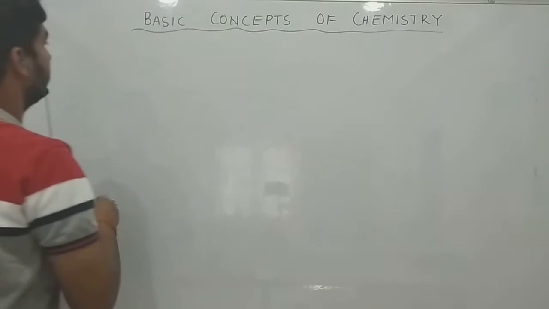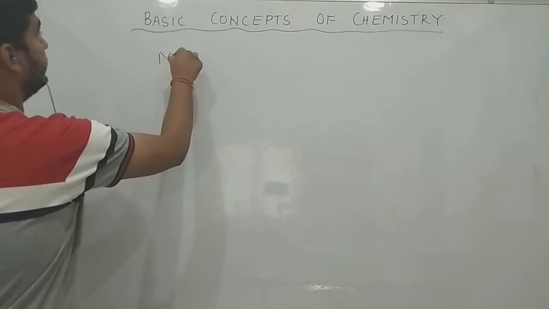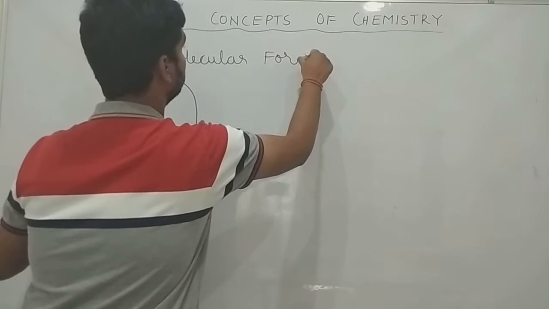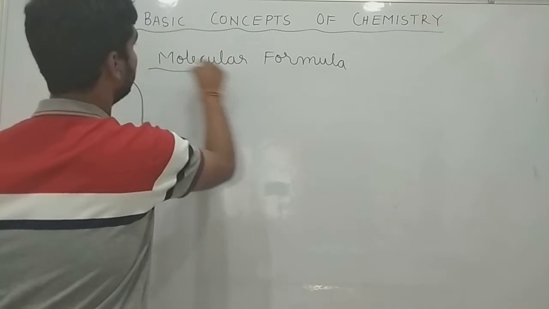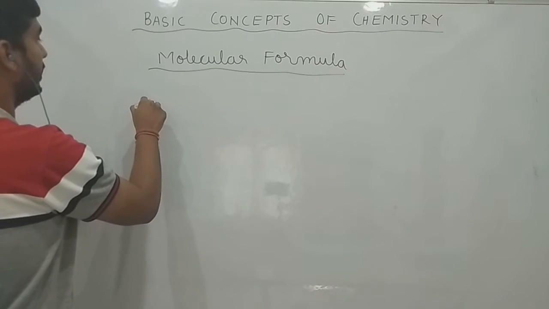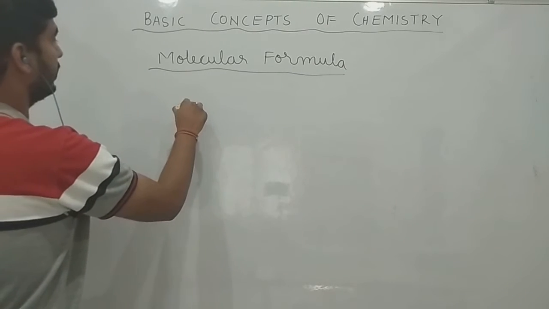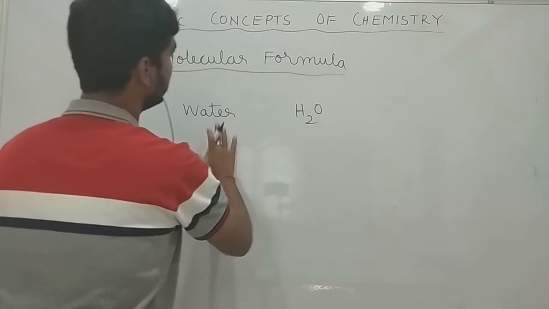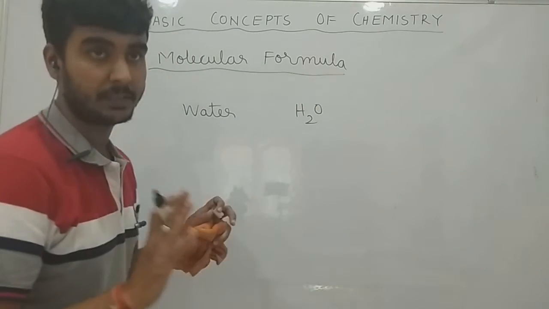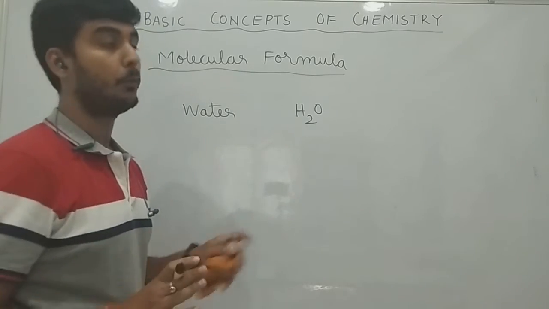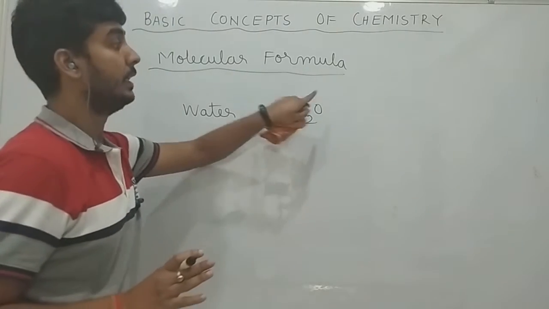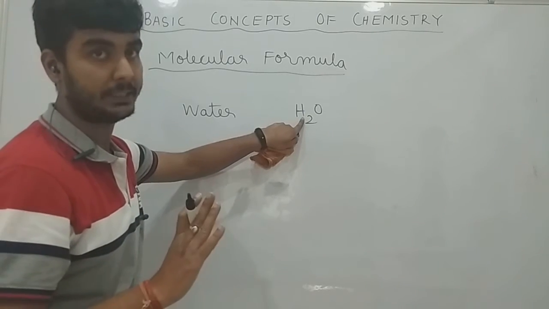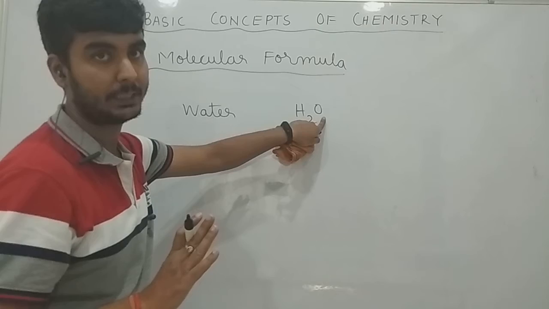For example, the molecular formula for water is H2O, you know. Now what does this mean? It means water is a compound composed of hydrogen and oxygen, in which, in one molecule of water, there are two atoms of hydrogen and one atom of oxygen.